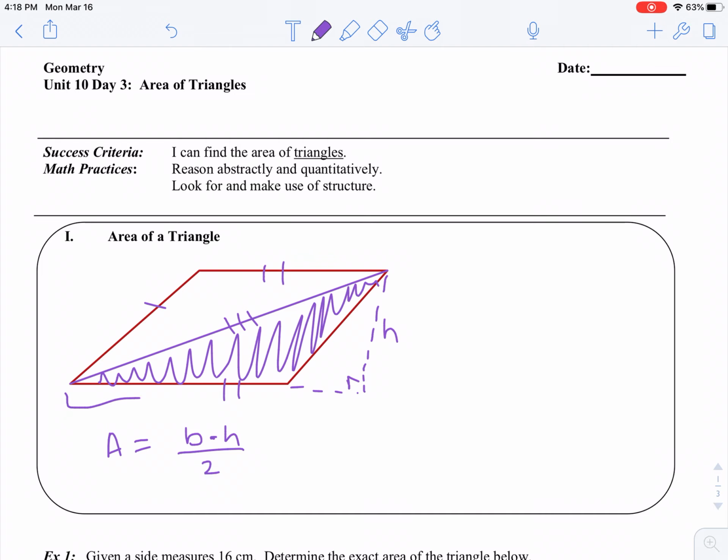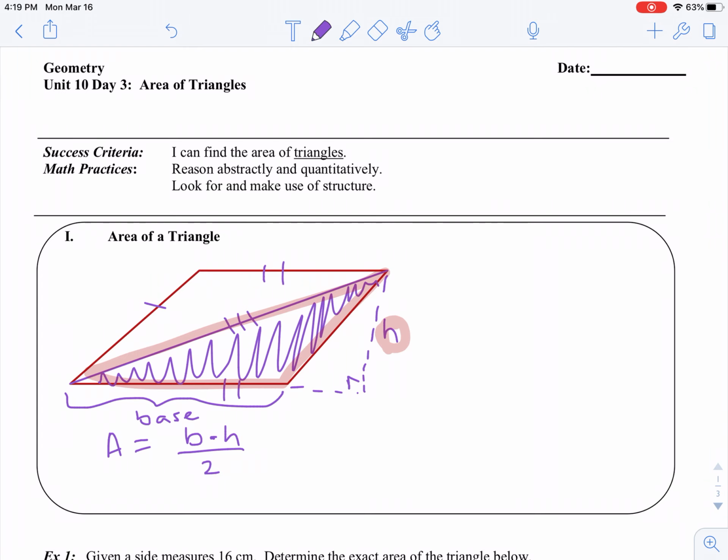And when I think about the base of that triangle or the base of our parallelogram, that is the base right there. So it's really important when you're thinking about triangles to not always think about the height as being a side in the triangle. Like in this triangle, we can see the height is not one of those 3 sides.